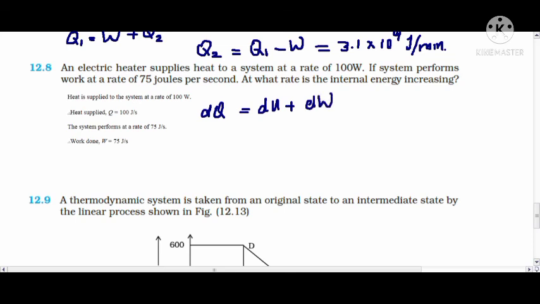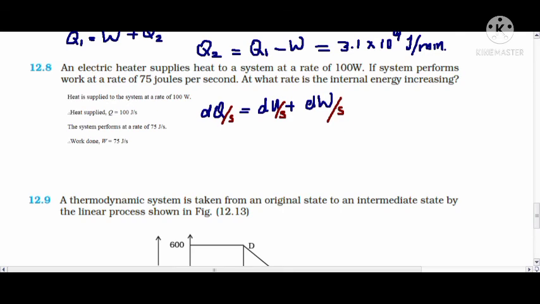Now in the question all these quantities were given per second, that is the heat supplied per second. So joule per second, that is 100 watt. Increase in internal energy per second, which we need to calculate, and work obtained per second, which is given in the question as 75 joules per second.